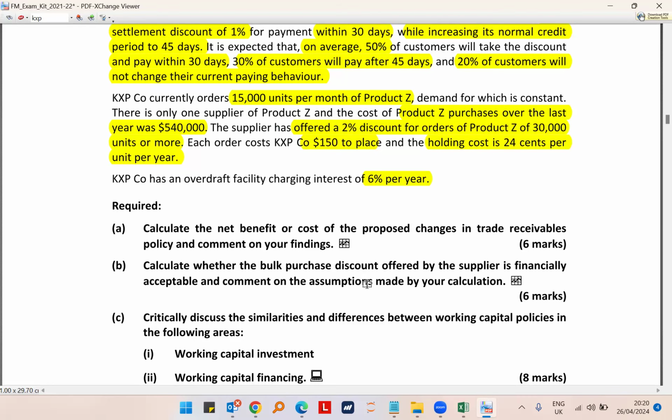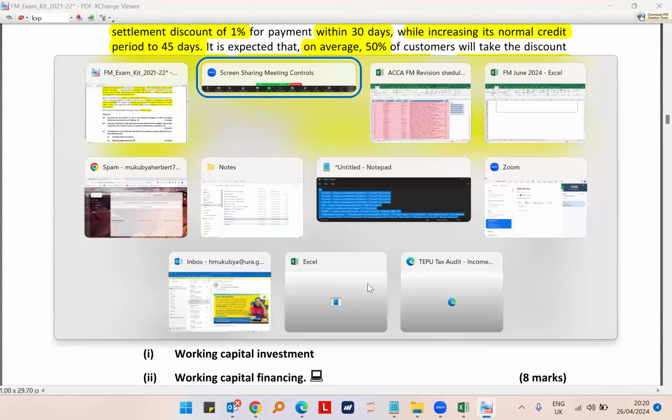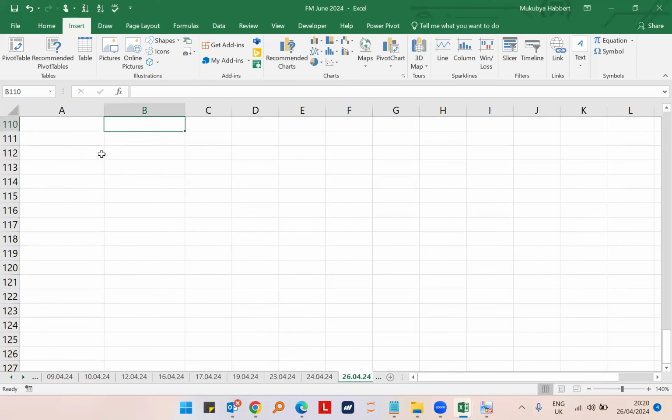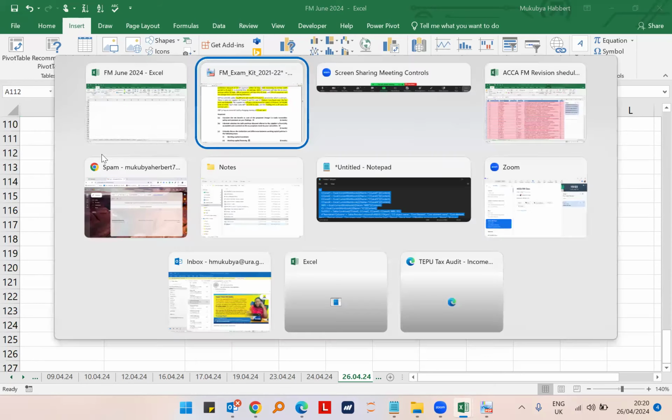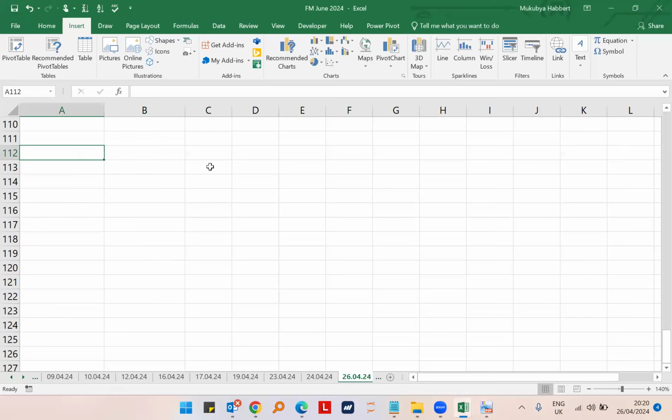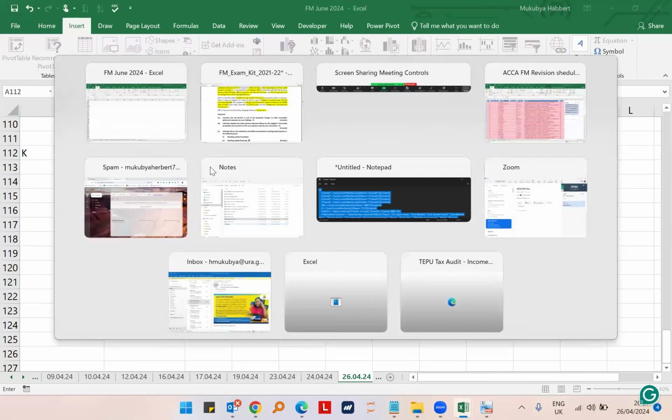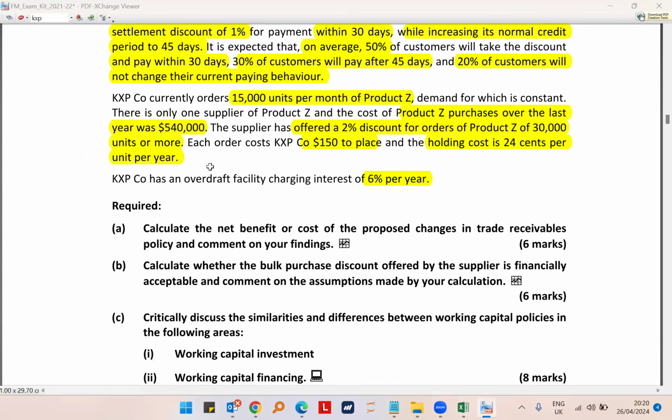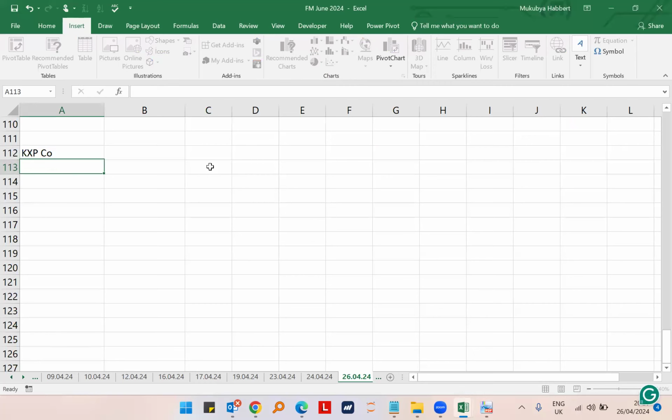Now let us first look at the net benefit of the changes. What you normally have to determine in this case is the current position.